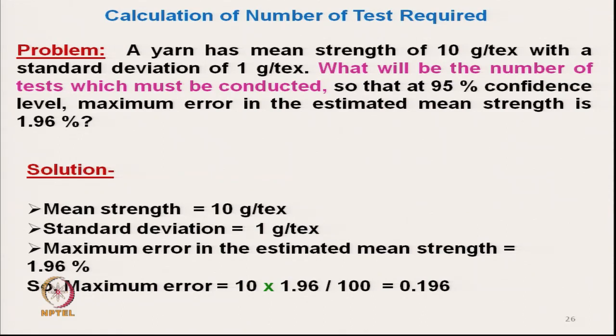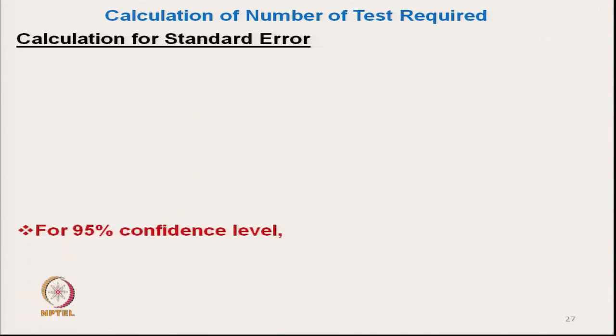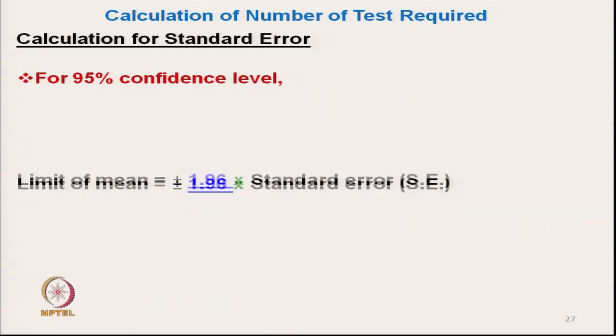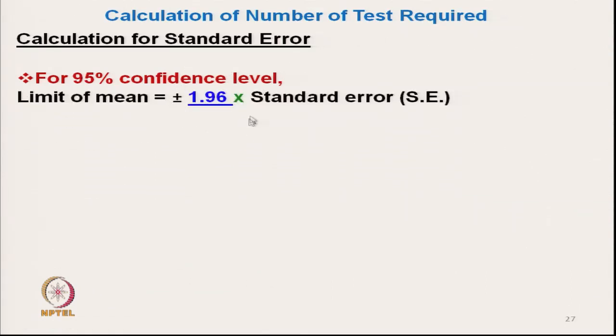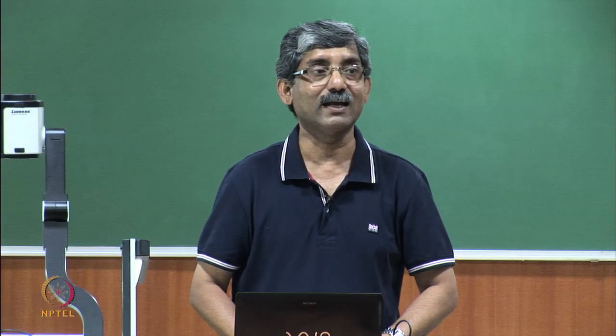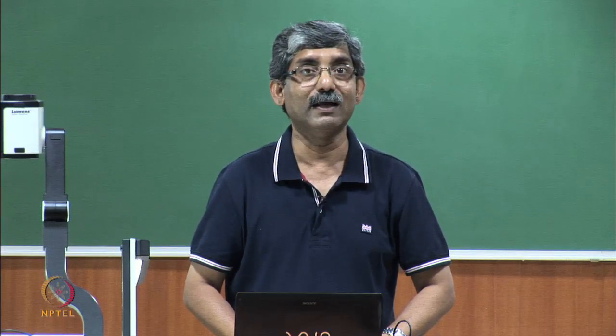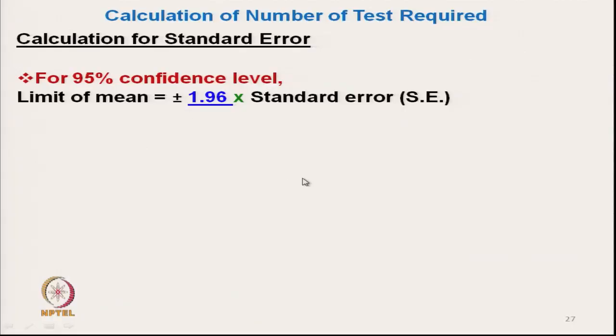What is that limit? 0.196, that limit is the t value multiplied by the standard error. This t value we have seen earlier, the maximum limit is d, which is t multiplied by standard error. It can go to the plus side and the minus side. And why is this t value 1.96?